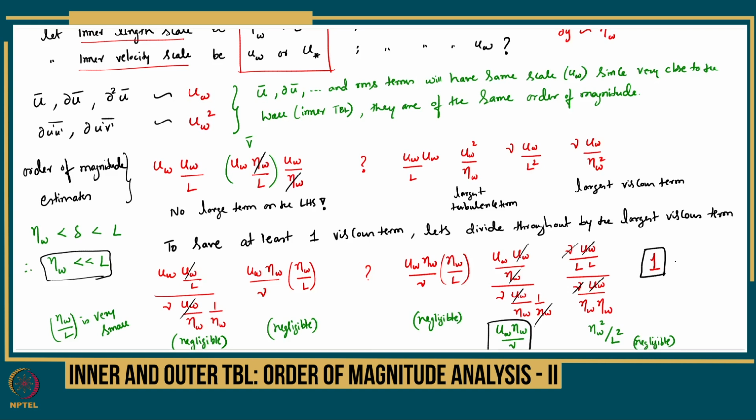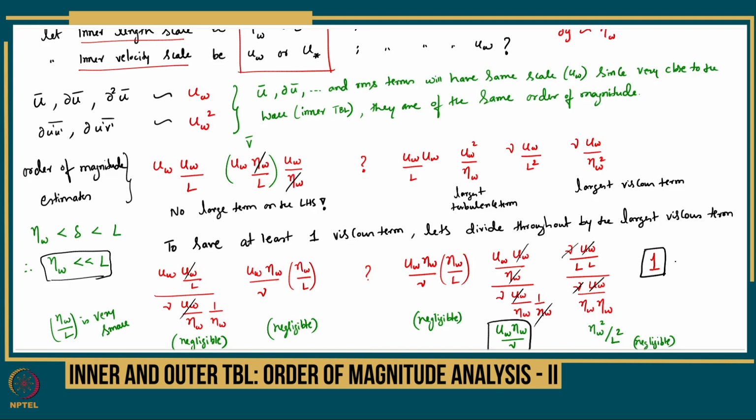Every term is negligible because it's a ratio of eta w by L, so very small, except this particular term. Now the largest viscous term is being balanced by the largest turbulence term.